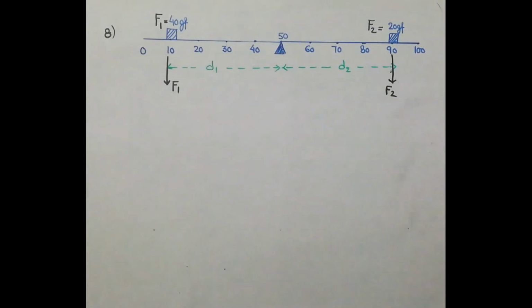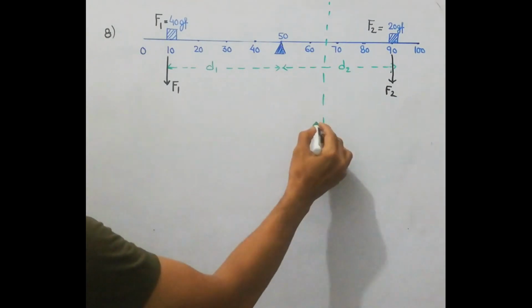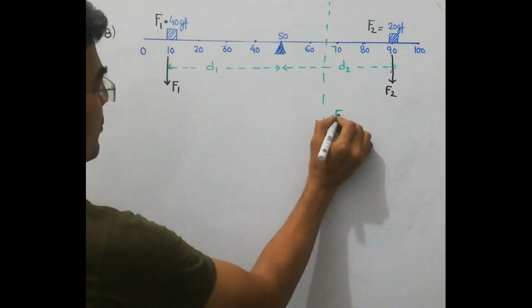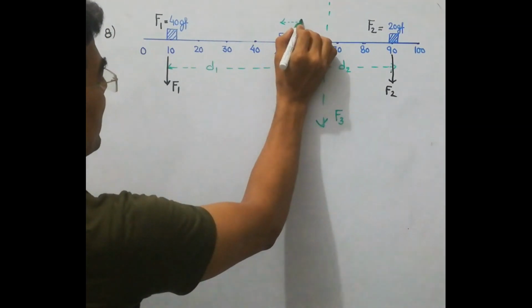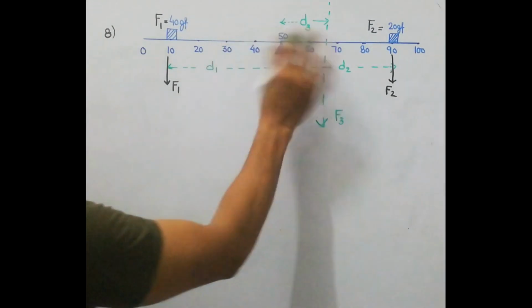We know it is to be placed on the right side, but at what distance from the fulcrum, that is unknown. So what we will do, we will consider the third force being placed here somewhere. It is to be placed on the right side. Now where, that we don't know. And let the distance of this third force F3 be D3, but it is unknown to us.